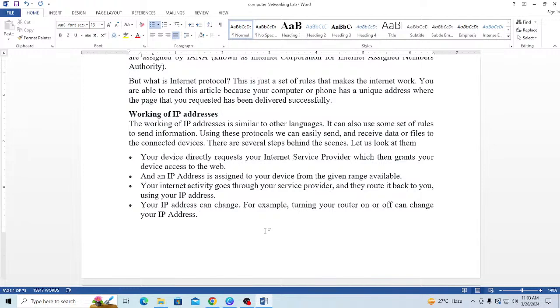Based on that, they send the data from source to destination based on the address that is provided. The same task is done by the IP address, and it is the one authority to grant the request. Whatever requests we are asking the server, it will provide permission to send the messages.